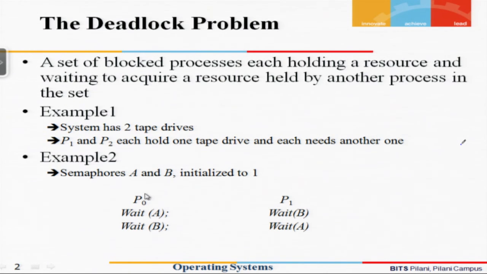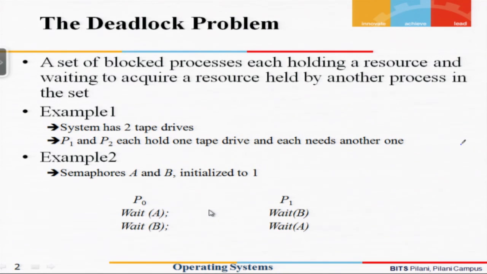Process P0 could be something like this: wait A, wait B, meaning it will go and execute a wait on semaphore variable A. If the value of A is 1, it will get decremented to 0, and the process would continue, go to the next statement, and execute the wait B. If the value is 1, then it will get decremented to 0, and since it is non-negative, it will continue to move further. That is for process P0, and let us say that for process P1 the code is something like this.